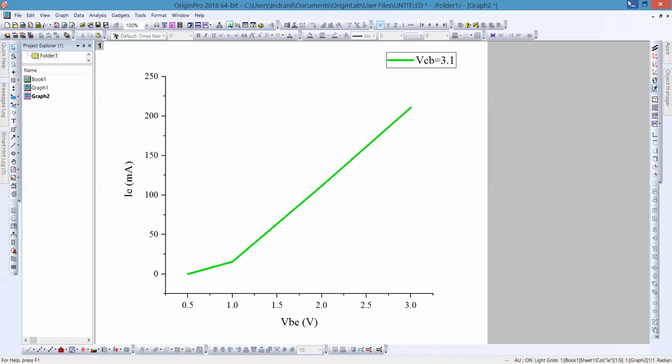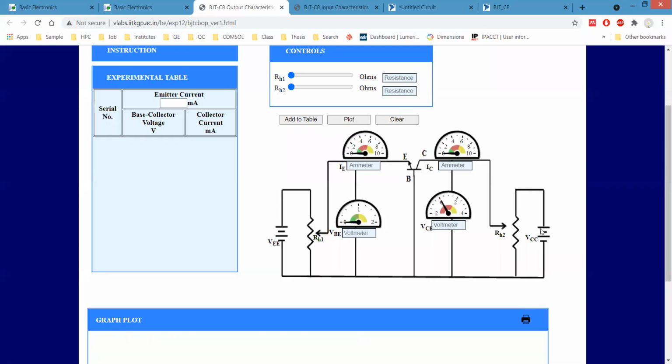Okay, is it clear or any doubt? If you have, then please ask me. So basically, as you can see, depending on the biasing, positive and negative, that is also very important. Here in VLab, it is not clear what should be connected to the positive terminal and what should be connected to the negative terminal.